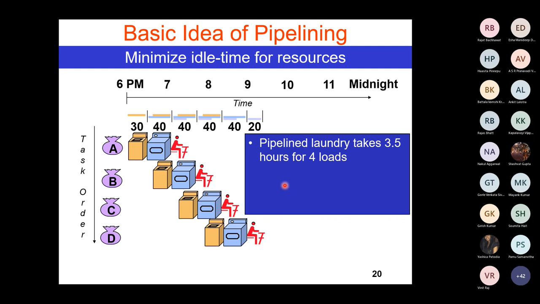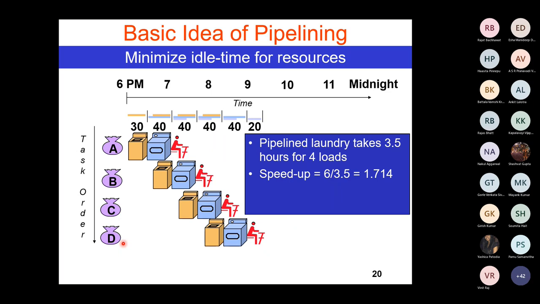As you can calculate now, the first user takes 90 minutes, and it takes 3.5 hours for finishing these 4 loads. That you can easily see. So what is the speed up? In the previous case, we required 6 hours. Here we need 3.5 hours. So there is a speed up of 1.7.